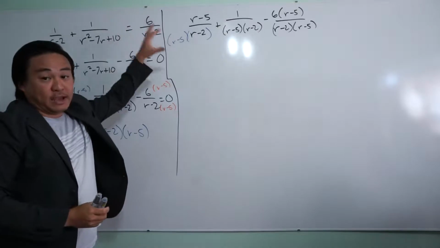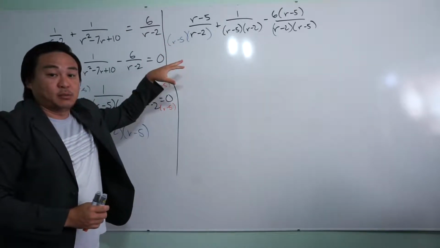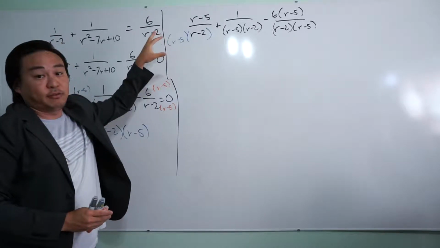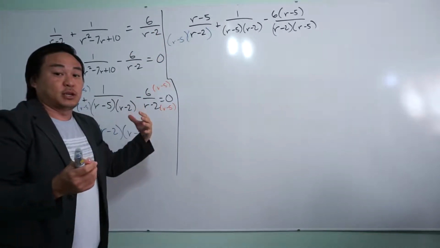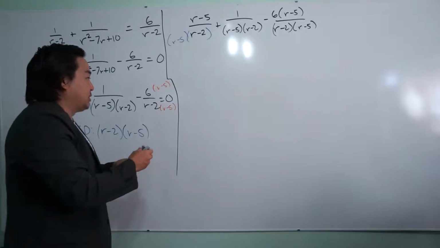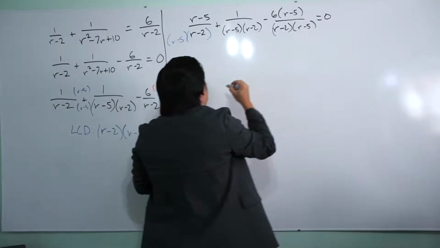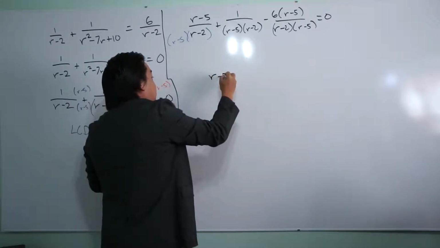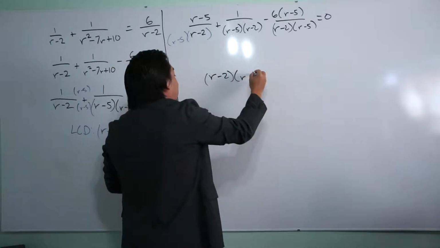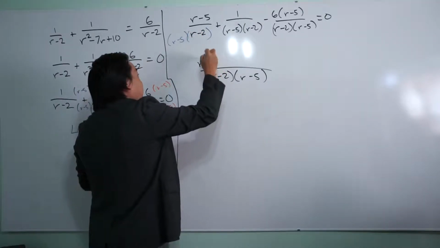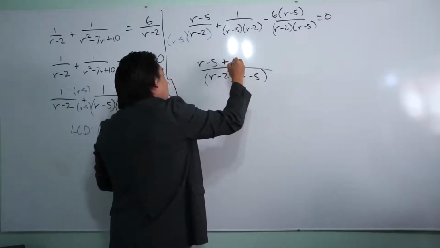So we have the LCD, the same common denominator. And remember, when you're adding and subtracting fractions, you add or subtract the tops and keep the bottom. So the denominator is r minus 2 times r minus 5. The top, though, is r minus 5 plus 1.